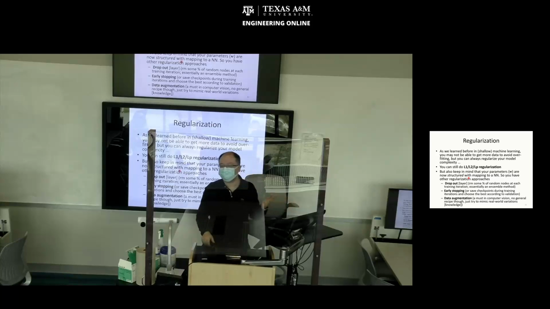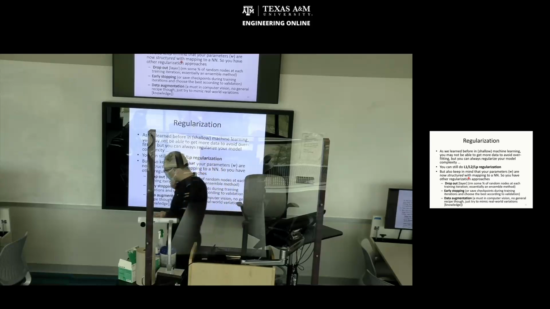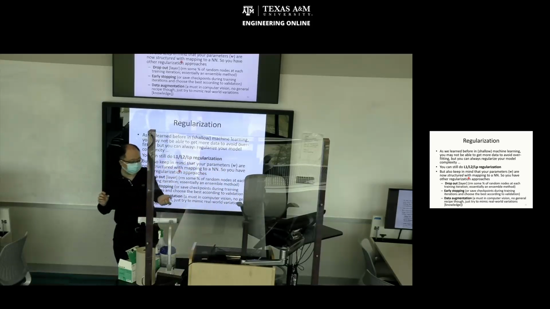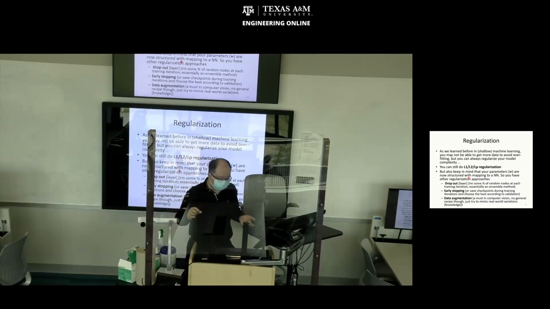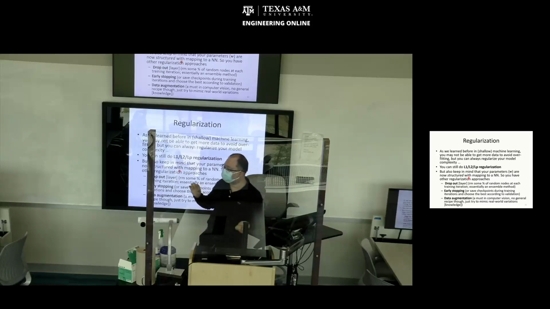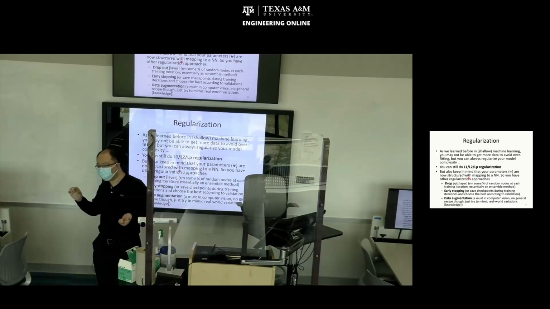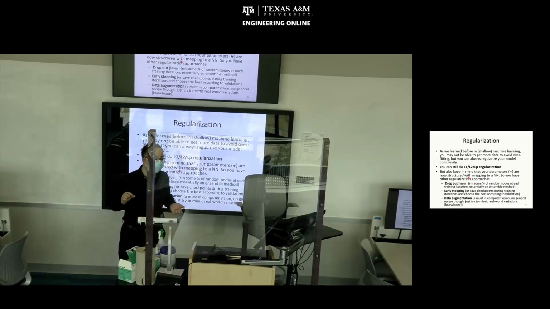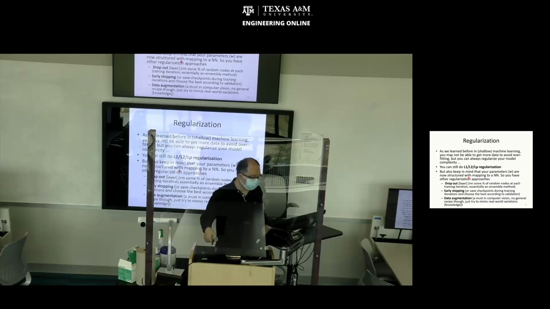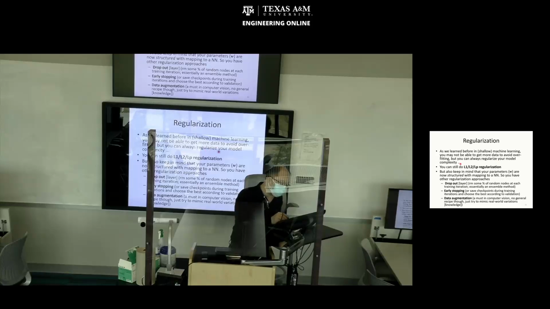One way to achieve that, according to the bias-variance trade-off, is to sacrifice the bias a little bit by making your model less complex. The hope is that the variance part gets reduced much more, so the sum gets lower. That's for the generalization error. That effort is called regularization, right?